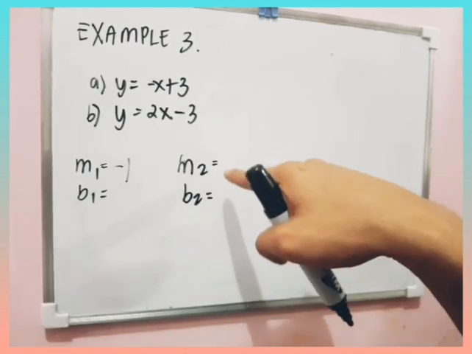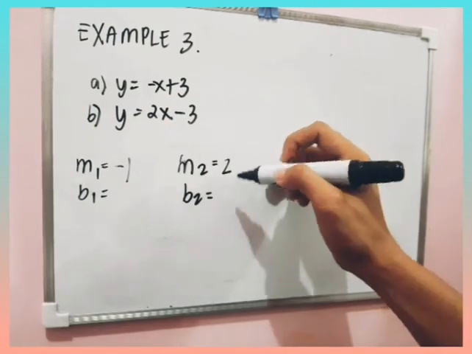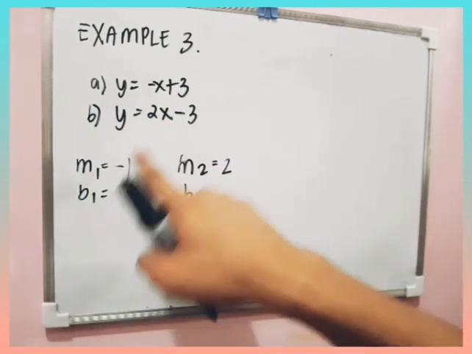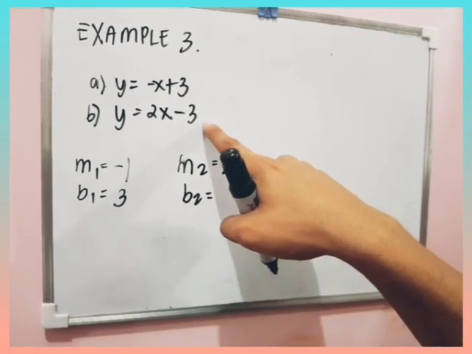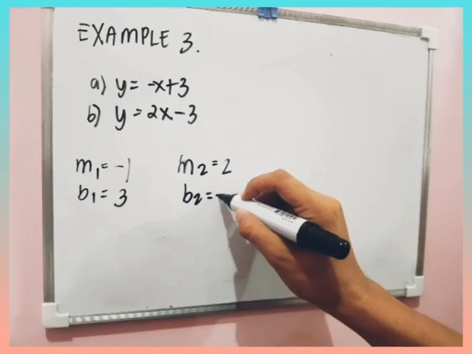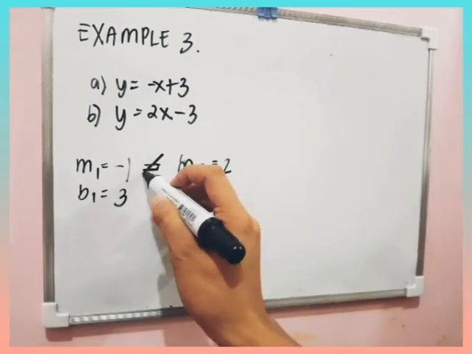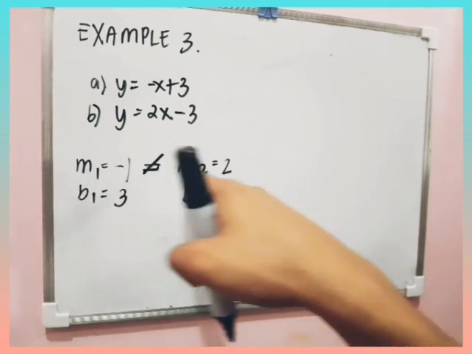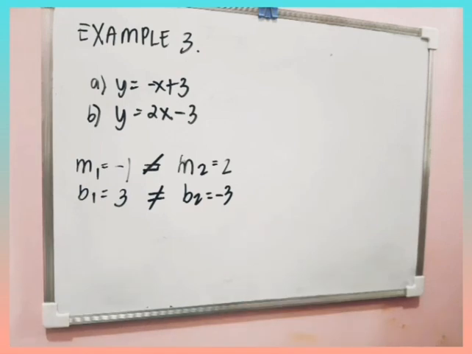Next, ang ating second slope ay itong 2, positive 2. First, y-intercept, positive 3. Next, second y-intercept ay negative 3. So, ano napapansin nyo? Hindi sila equal. Okay? Hindi equal ang negative 1 pati 2. Hindi rin equal ang 3 pati negative 3.